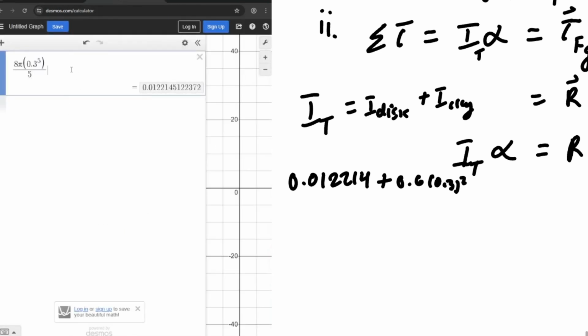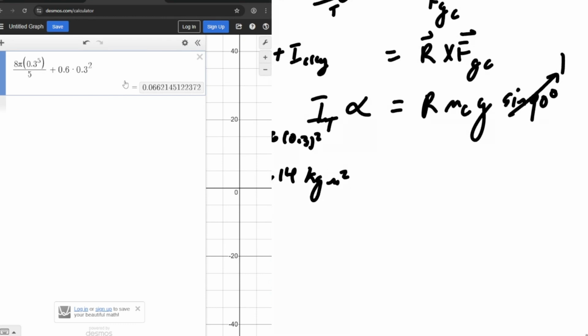Plug that into our calculator, adding on to our earlier calculation. That gives the total rotational inertia to be roughly 0.066214 kilogram meters squared.